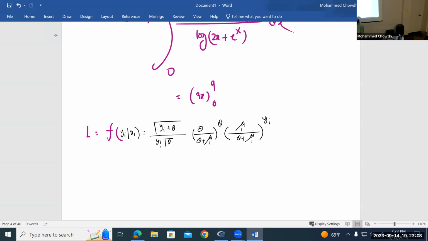See, I have written the likelihood function in the derived format.